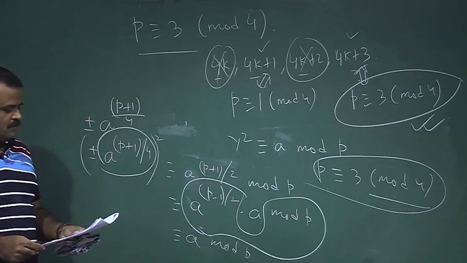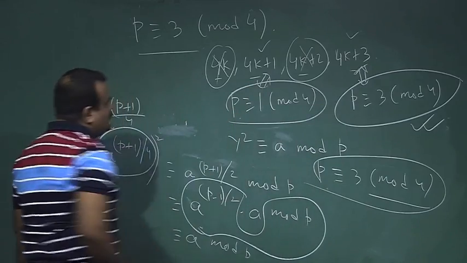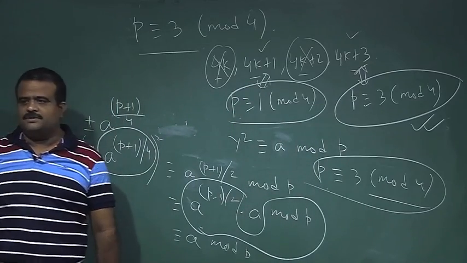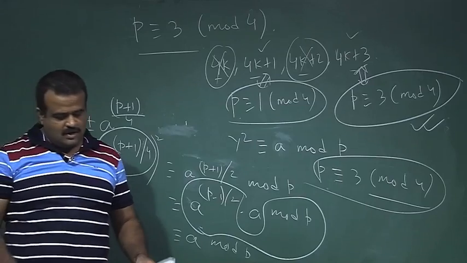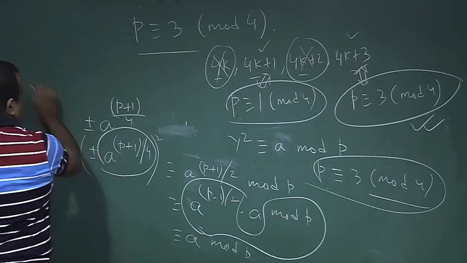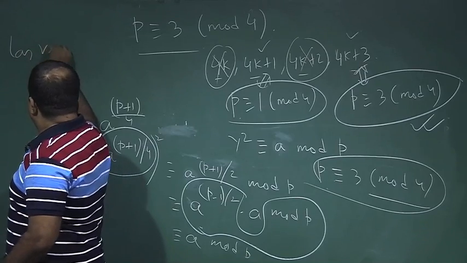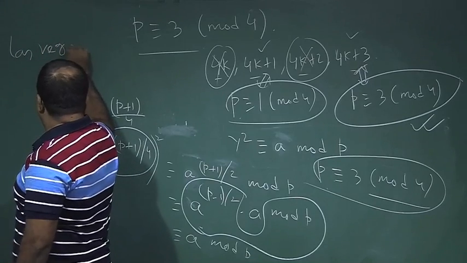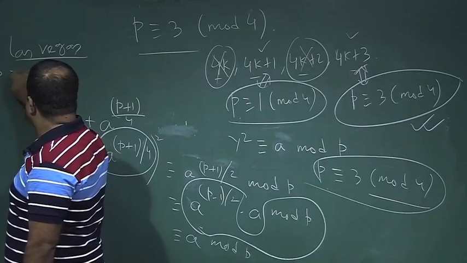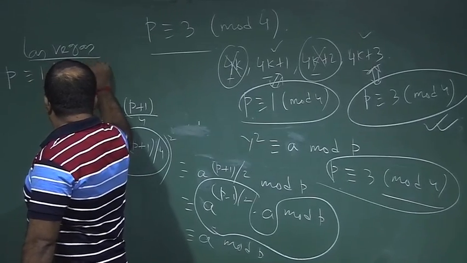Now, if p is not of this form, then there is no deterministic polynomial time algorithm to solve this, but there is an algorithm which is polynomial time but non deterministic, that is a Las Vegas algorithm, when p is 1 mod 4.